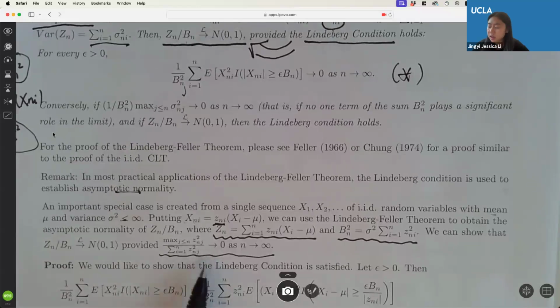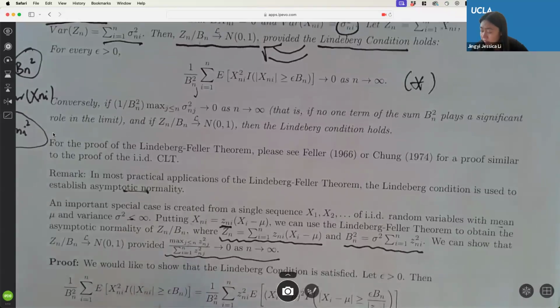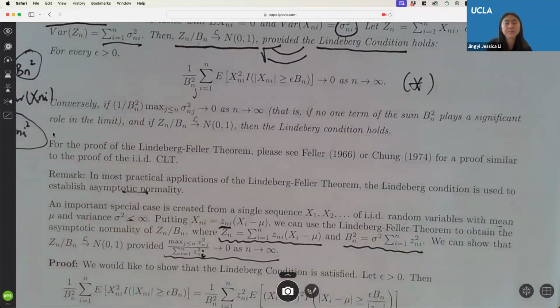That is, in the sum of z_ni squared, we take the maximum, max over j smaller than n among all the z_nj squared, from z_n1 squared to z_nn squared, among n of them we pick the max, and the max over the sum is negligible as n goes to infinity. So no single term dominates the sum.